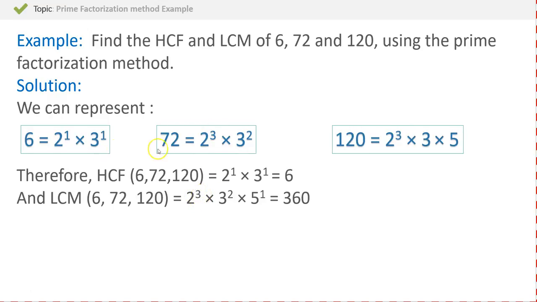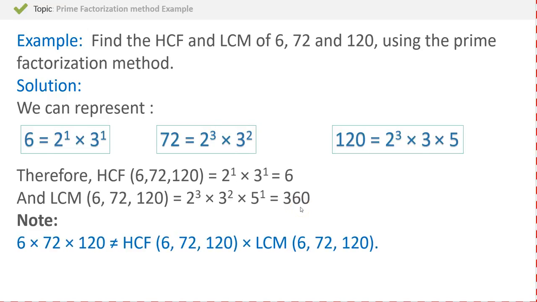Then I'll look at the maximum power of 3. It is 1 here, 1 here, however it is 2 here. So 3 square, and then 5 to the power 1, because 5 only comes in 120 and it has only 1 as a power. So I get the LCM of 6, 72 and 120 as 2 cube multiplied by 3 square multiplied by 5 to the power 1, which gives you 360.